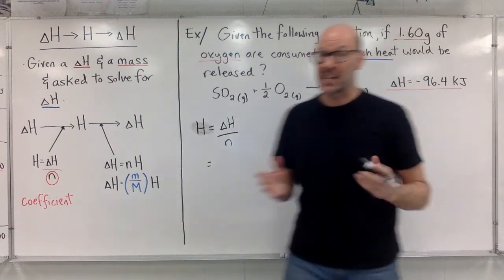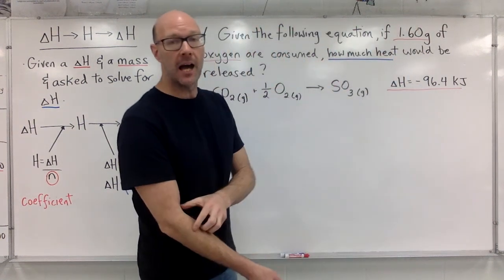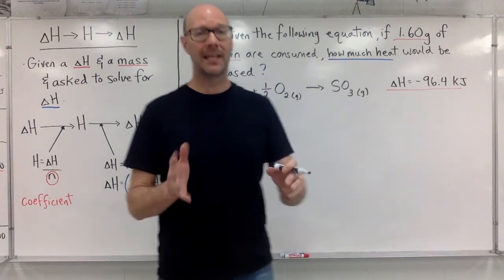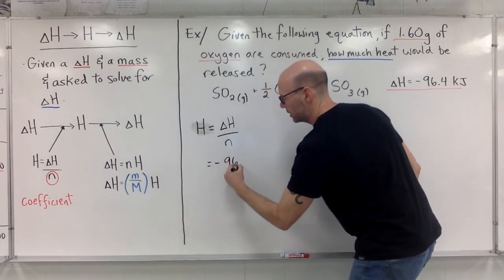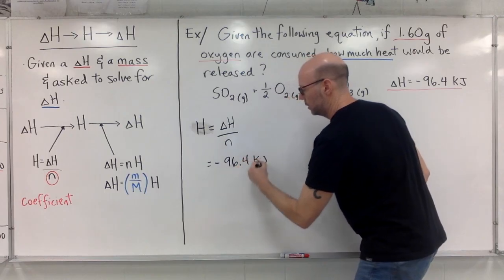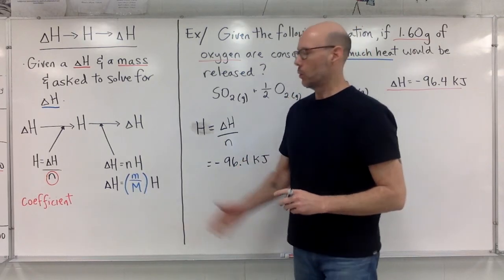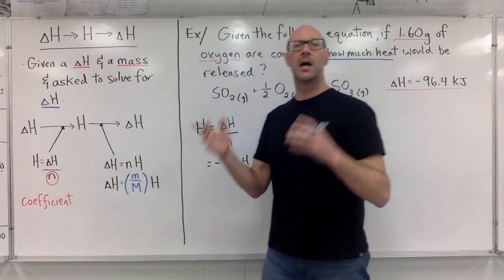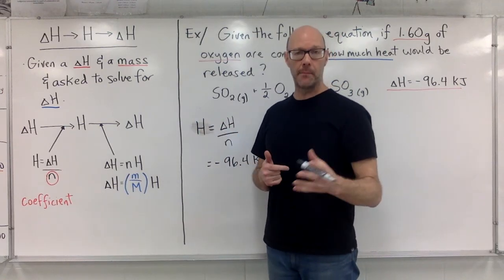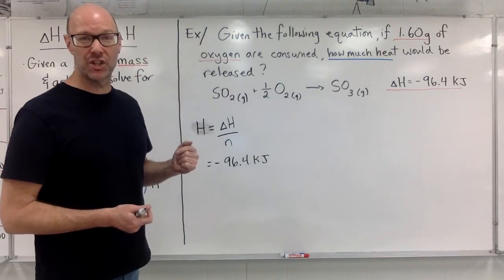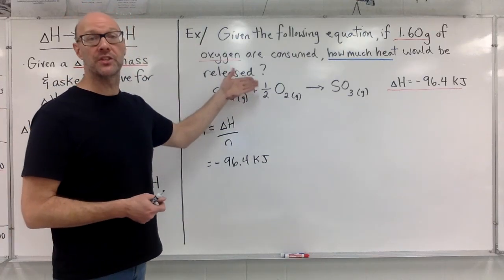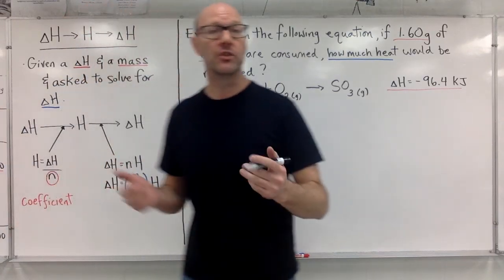The delta H, it's explicitly right there, negative 96.4 kilojoules. We're going to divide by the coefficient, the balancing number of the chemical we're focused on. This is a question about oxygen. It's balanced here with this half, which I'm going to use as 0.5.